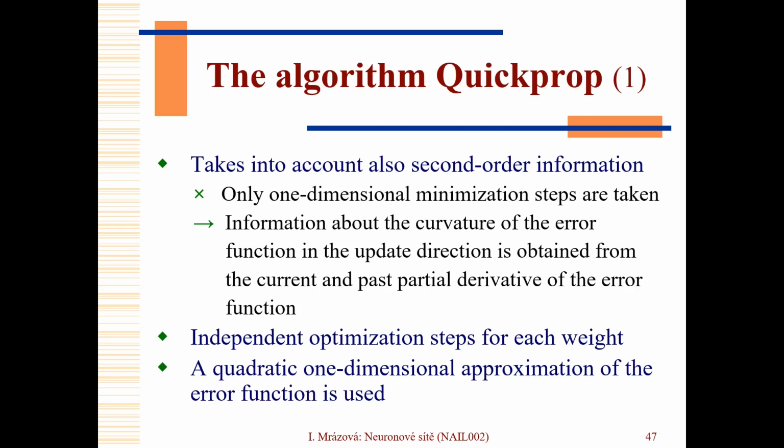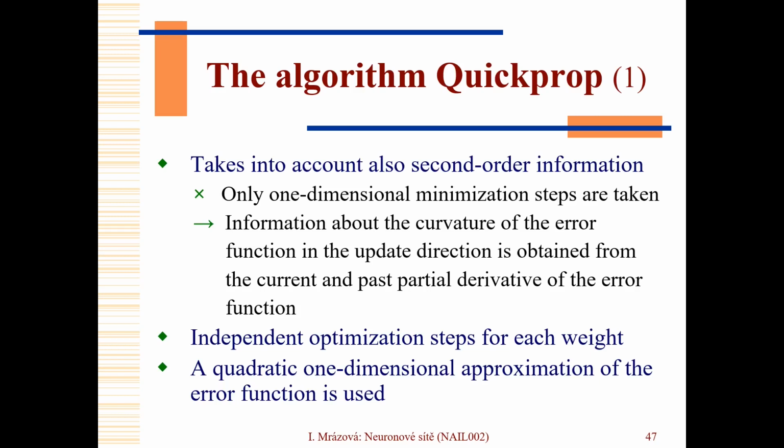So the information about the curvature used in the update direction for the weights is computed just as the difference between the current and the past partial derivatives of the error function and the difference in the weights performed.